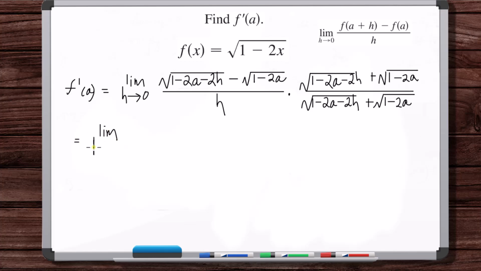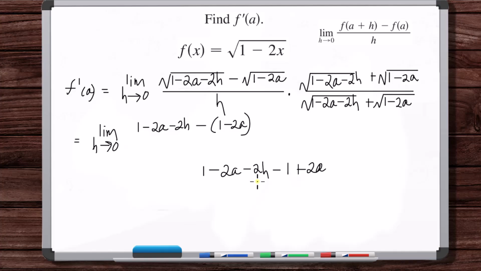So this squared is just 1 minus 2a minus 2h, and then minus b squared, which is 1 minus 2a. And so we can simplify this: 1 minus 2a minus 2h minus 1 plus 2a. 1 minus 1 is 0, minus 2a plus 2a is 0. So minus 2h in the numerator.